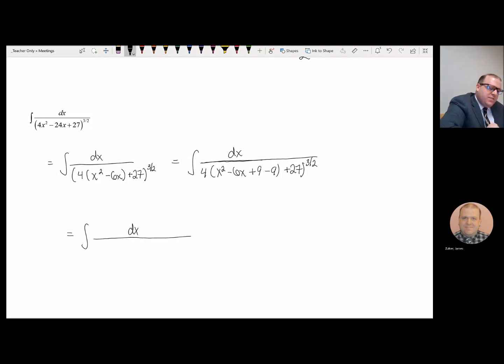And the whole reason to do that: x squared minus 6x plus 9 is x minus 3 squared. 4 times -9 is -36, add that to 27. You should get minus 9.